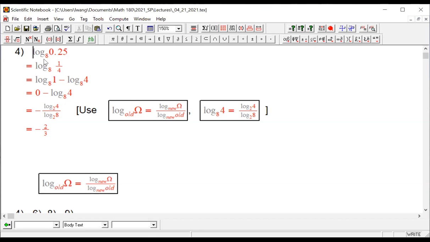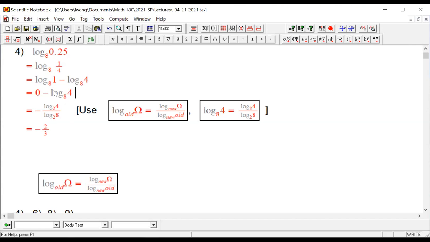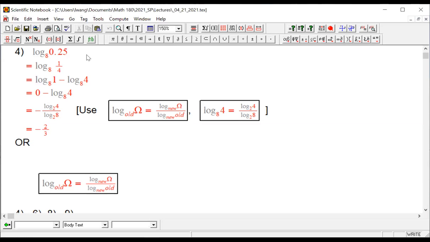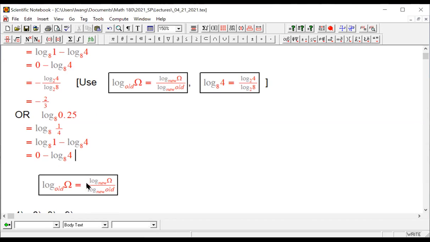Okay. So suppose we don't use new base 2. What new base would you like to use? How about common log? Or natural log? Our old base was 8, and omega is 4.